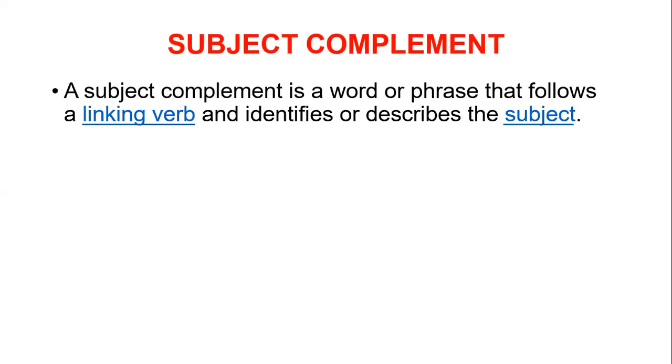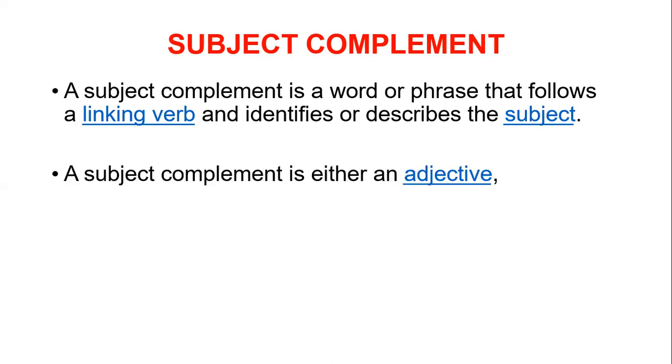First, subject complement. A subject complement is a word or a phrase that follows a linking verb. So please focus on it. Whenever your clause contains a linking verb, then you have a subject complement, and it identifies or describes the subject.